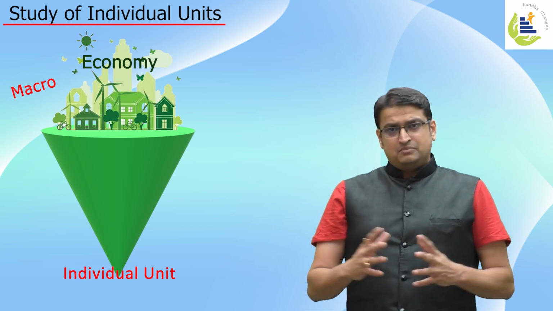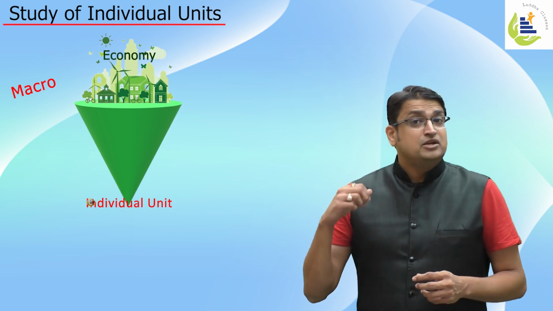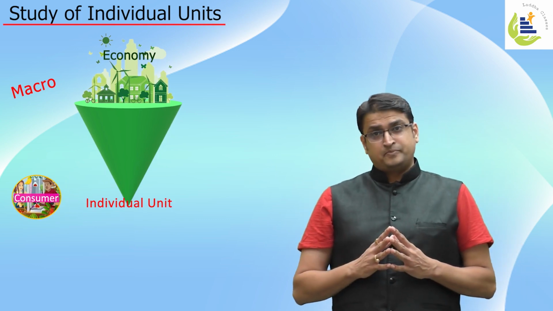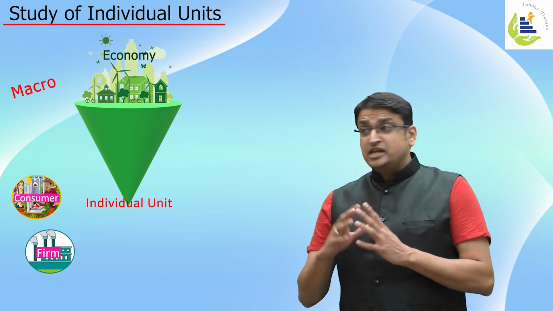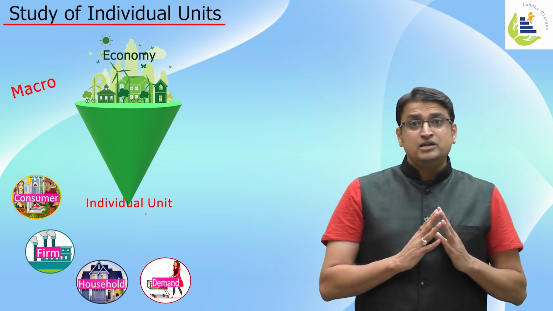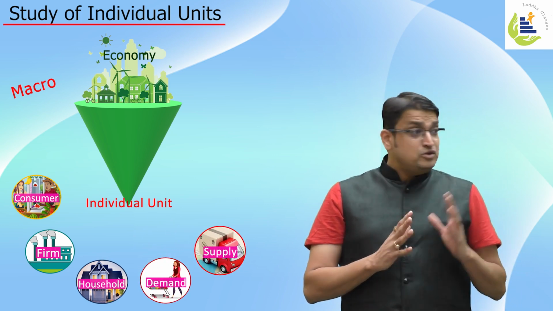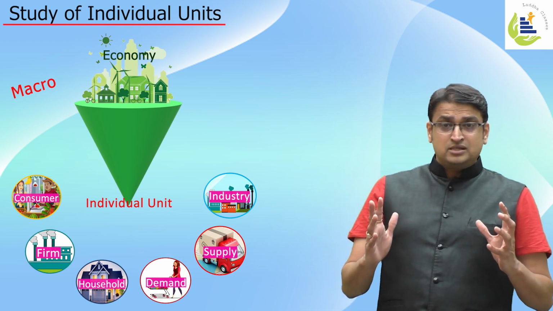I will give you an example. When we study microeconomics, we study individual consumer. We study individual firm. We study individual household. We study individual demand, individual supply, individual industry. So what happens in microeconomics?